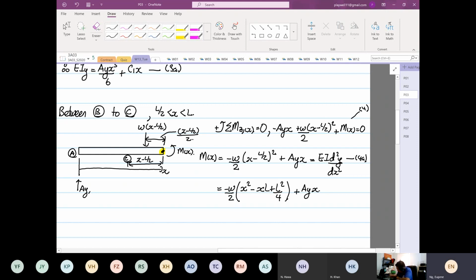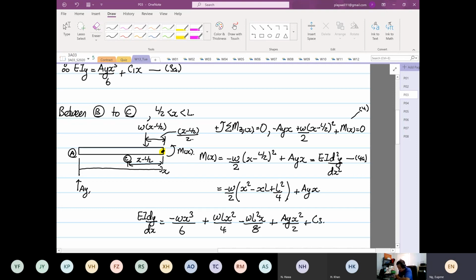So now I'm going to integrate. So we have EI dy by dx, and this will be equal to minus omega x cubed over 6 plus omega L x squared over 4, and then minus omega L squared x over 8 plus Ay x squared over 2 plus C3.